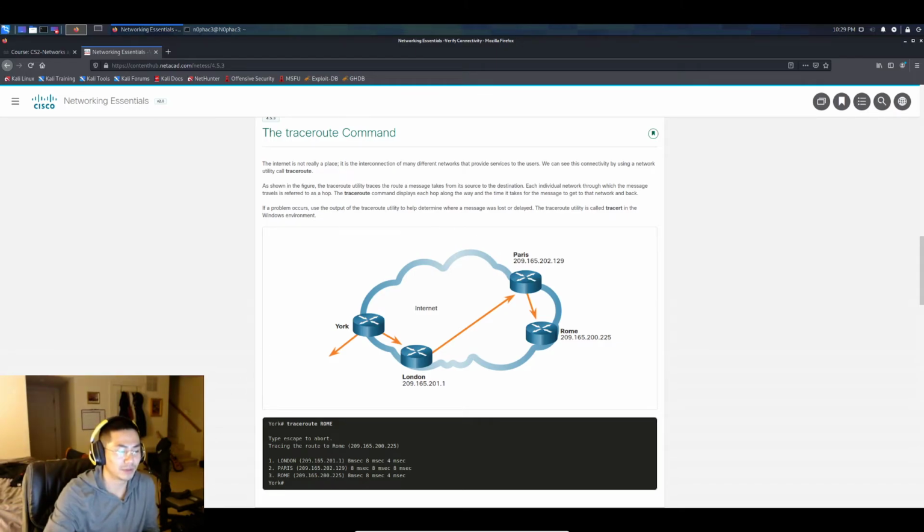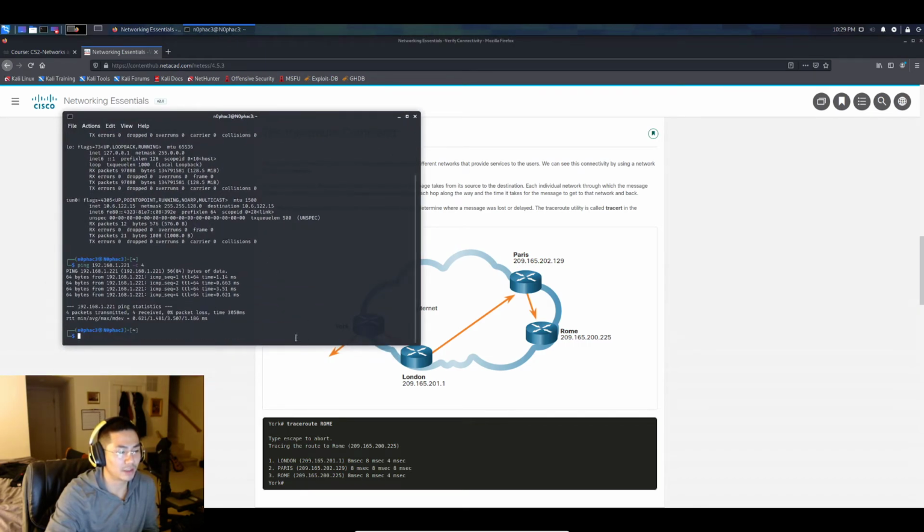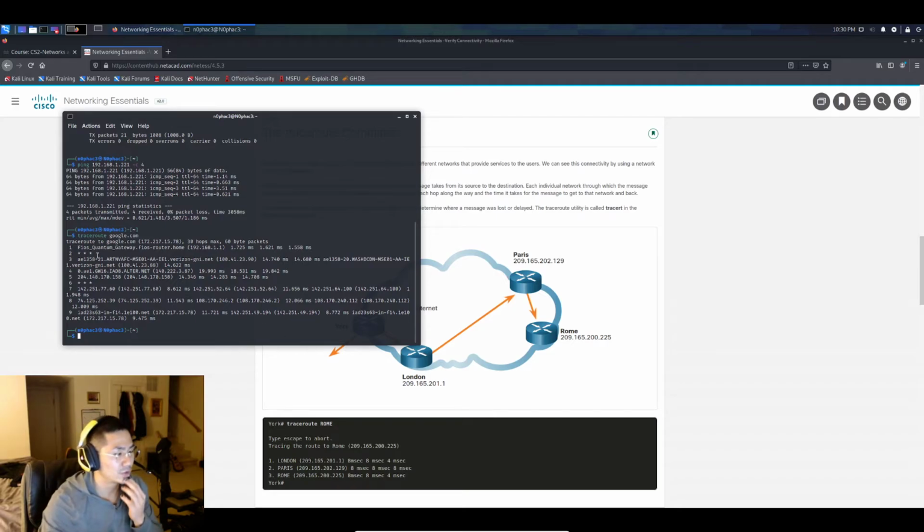So, for example, if I wanted to ping google.com, or actually let me traceroute google.com. It took me, let's see, one, and then this one right here, I believe is the firewall.